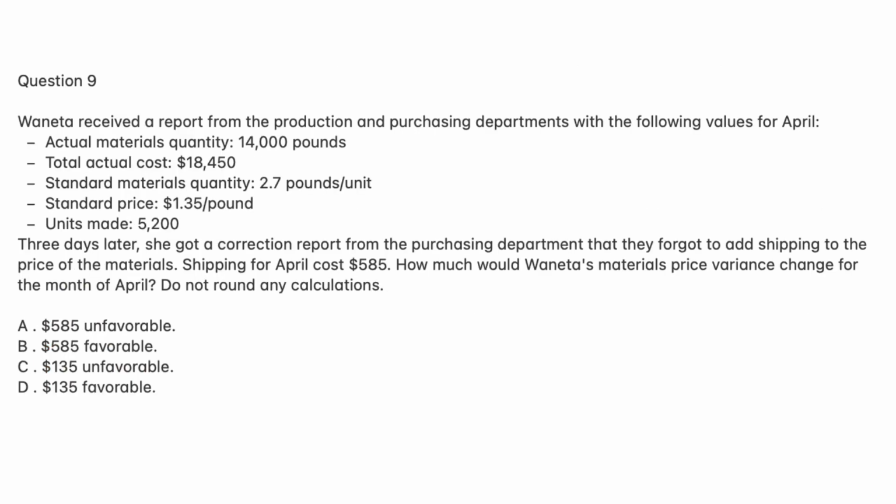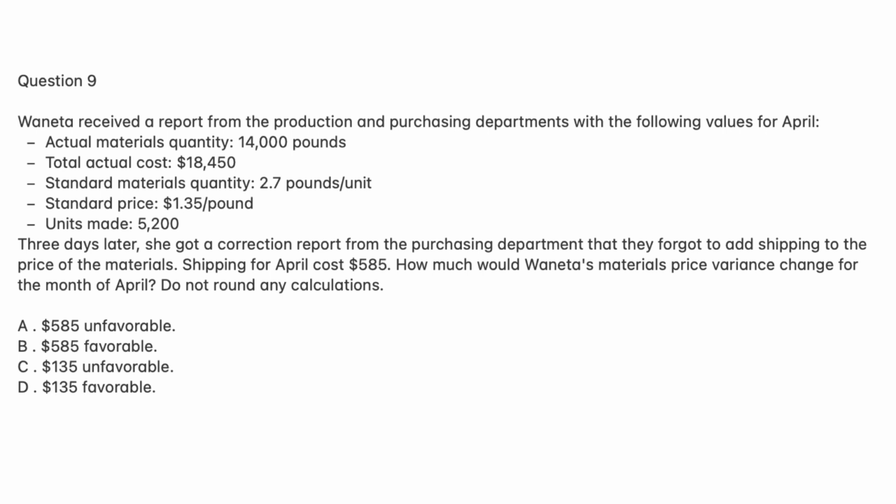Question 9. Juanetta received a report from the production and purchasing departments with the following values for April. Actual materials quantity, 14,000 pounds. Total actual cost, $18,450. Standard materials quantity, 2.7 pounds per unit. Standard price, $1.35 per pound.